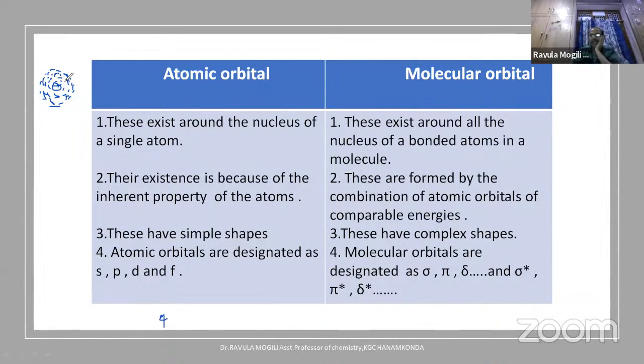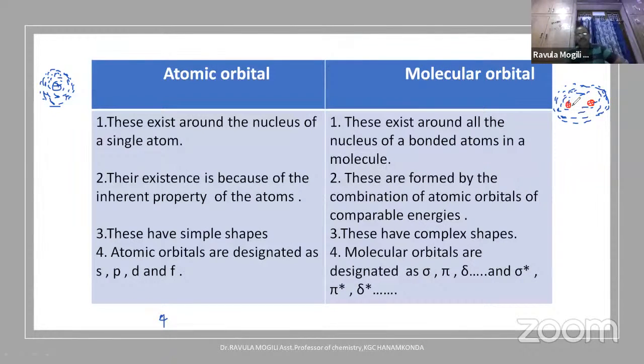For a molecular orbital, this is one nucleus and this is another nucleus, and the electron cloud is around the two nuclei. This is represented as a molecular orbital.